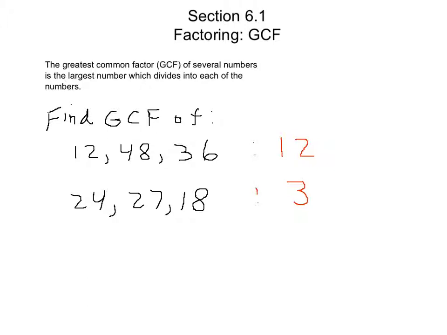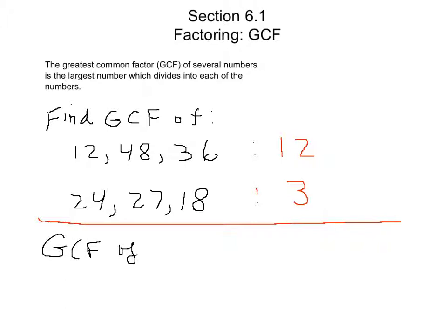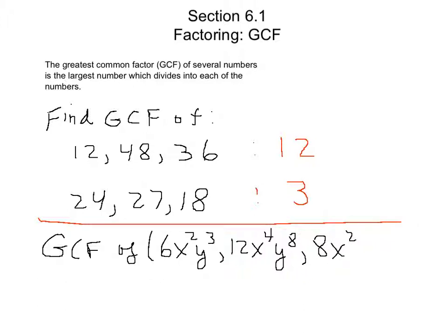So now let's take a jump and ask ourselves the question, what is the GCF of, let's say, 6x squared y cubed, 12x to the 4th y to the 8th, and 8x squared y to the 5th?